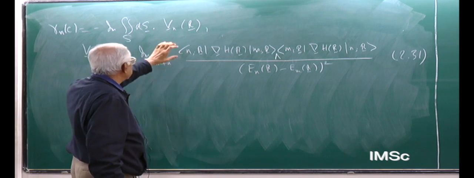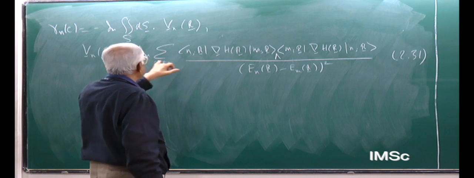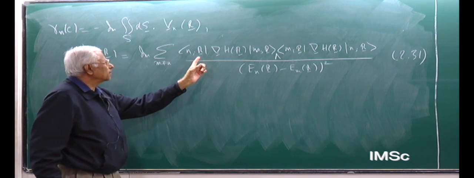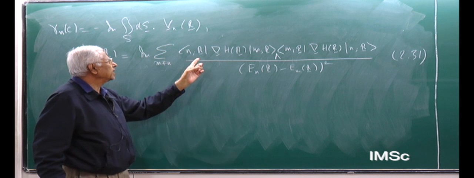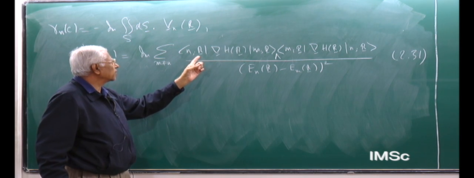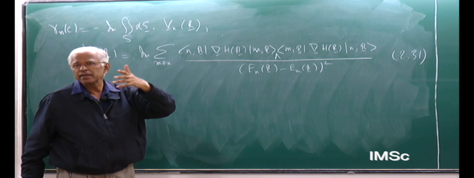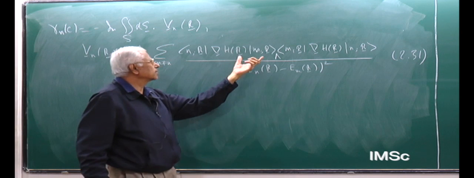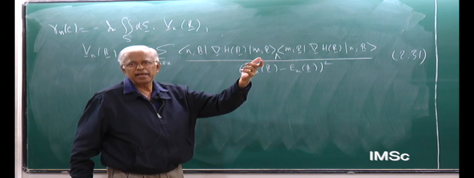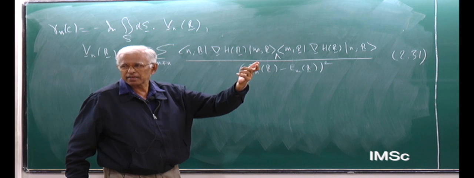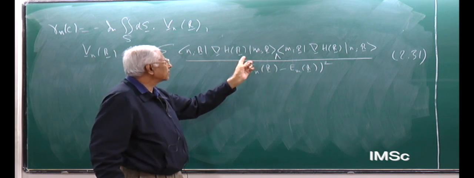And as he says, this expression, Vn of r, is completely independent of, it is unchanged by changes in phases of nr and mr in any way you like. Because the grad operator does not act on nr ket or nr bra. It is acting on the Hamiltonian.